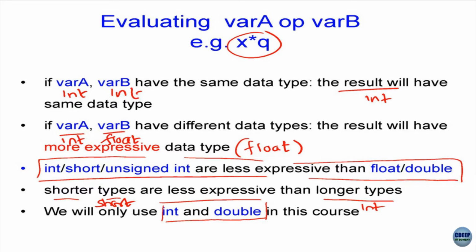So when you say convert into the same type, you will upgrade an int to a float if the other one is a float. You will upgrade a float to a double if the other one is a double. Double can accommodate larger values. So it's always upgradation, no downgradation.